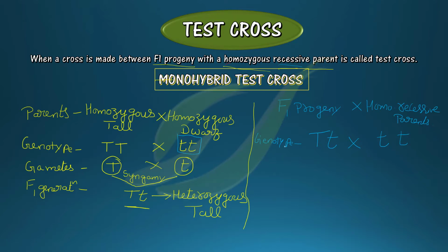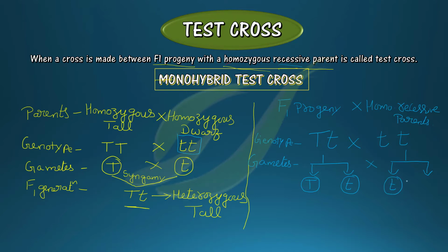Now let us see the gametes formed. From the F1 parent we get two gametes, capital T and small t. From the other parent we get the gametes small t and small t.